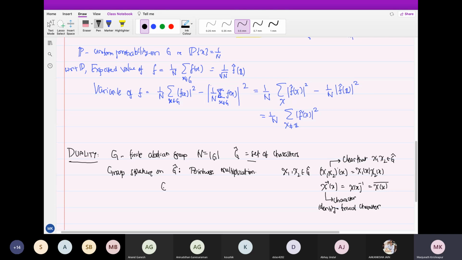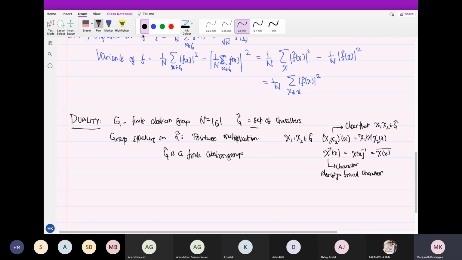So G hat is a finite abelian group also. Earlier I had G hat only as a set. Now I am saying more: if you put a multiplication operation, pointwise multiplication of functions, then it becomes a finite abelian group.